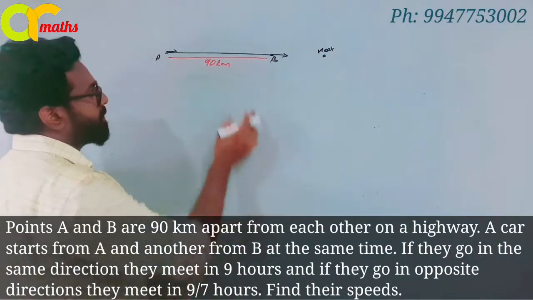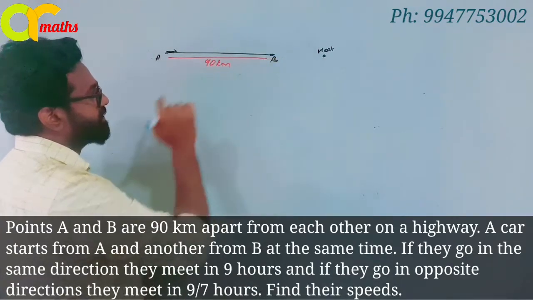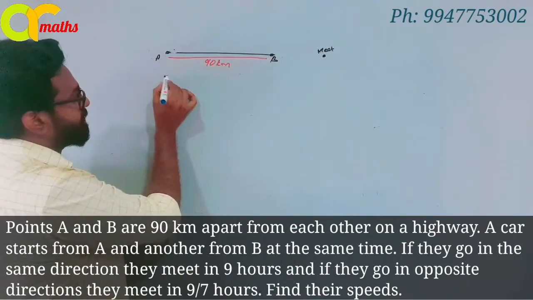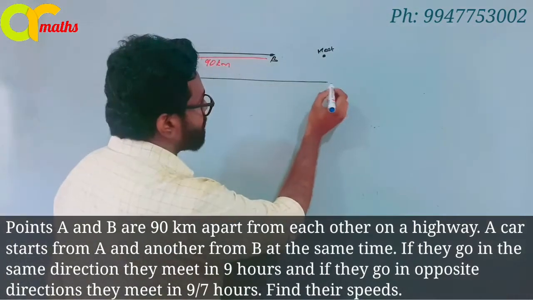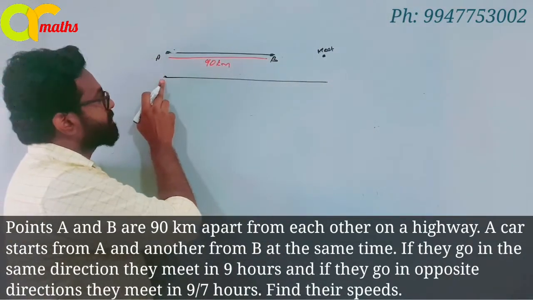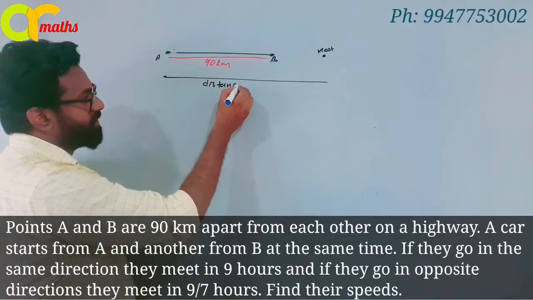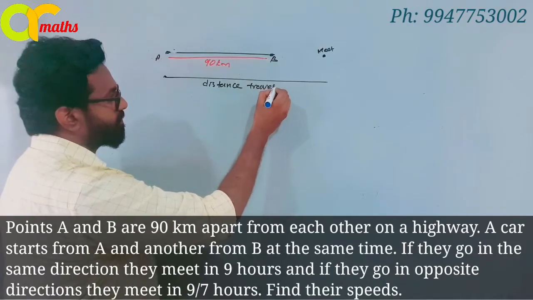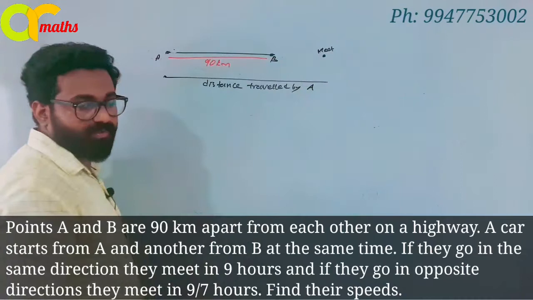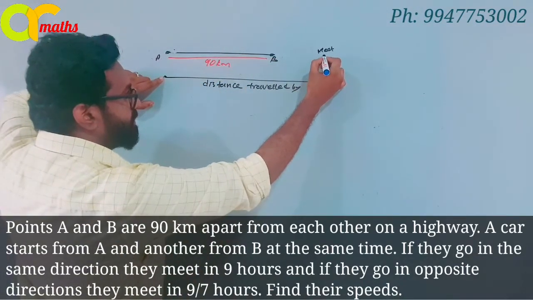So we know this distance is 90 km. From this point, A travels to the meeting point. This is the distance travelled by car A, and this is the meeting point.